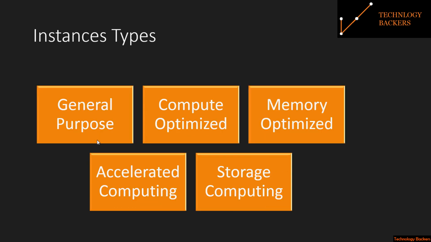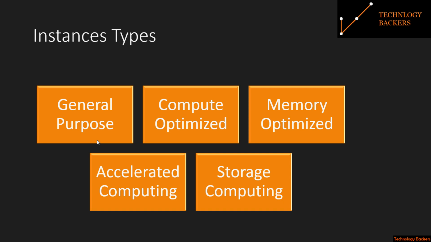Okay, so there are multiple instance types, like general purpose, where you have T2 micro, T2 medium, those kinds of general purpose instances. Then there are compute optimized, where you need high CPU performance. Then there is memory optimized, where you need a lot of memory for calculations and all.